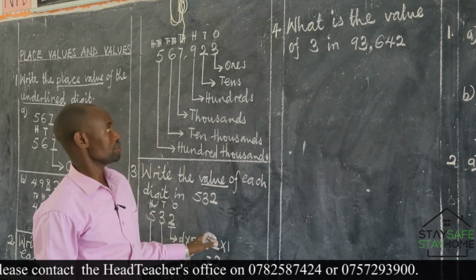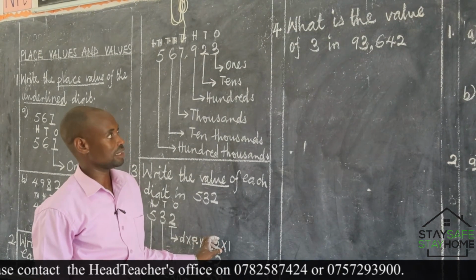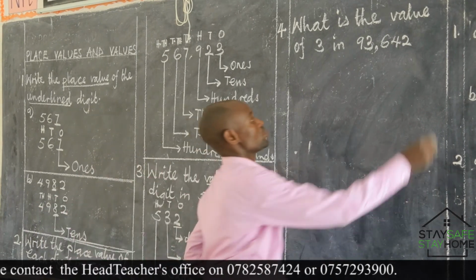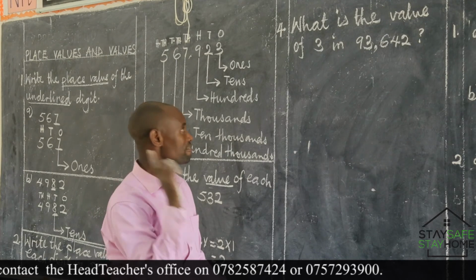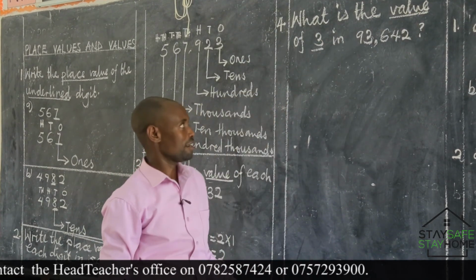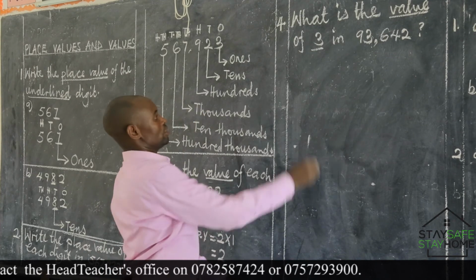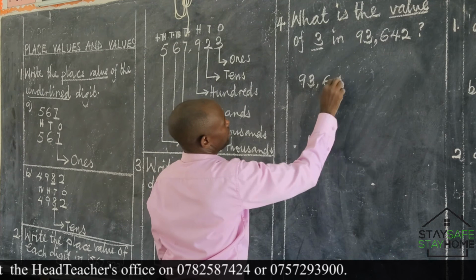What is the value of 3 in 93,642? So in this, I need only the value of this digit, the value of that digit. So we have 93,642.